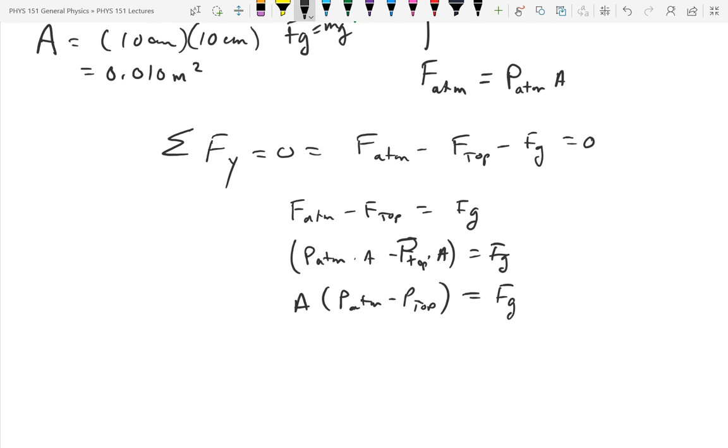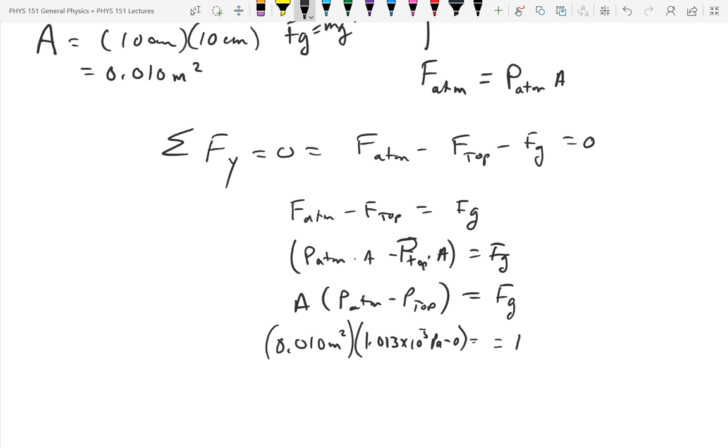And what we can do now is calculate the maximum force that that thing could lift. The maximum force it could lift would be the area, 0.010 meters squared, times 1.013 times 10 to the 5th pascals minus 0.